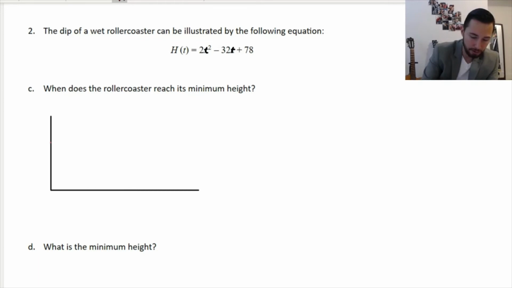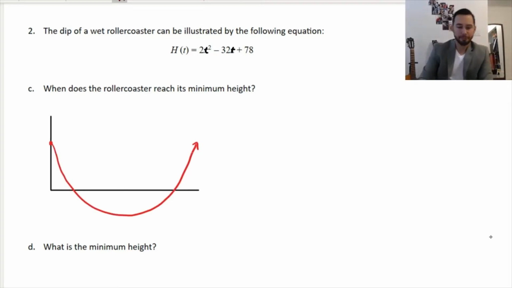It starts up at 78 feet because that's my y value, dips down underground, gets wet, and comes back up. So it's asking me when does the minimum happen. Again, I have time, which is my x-axis, and height, which is my y-axis. So I'm looking for at what time this happens.